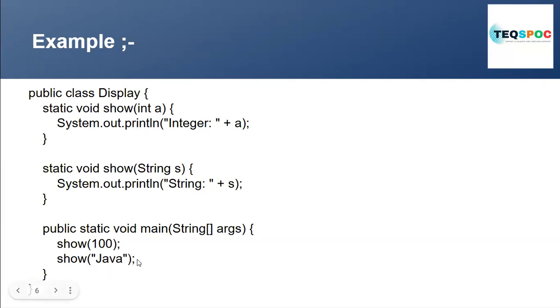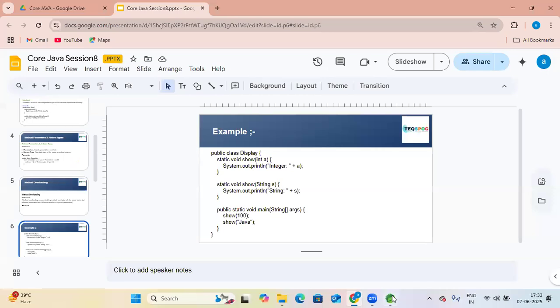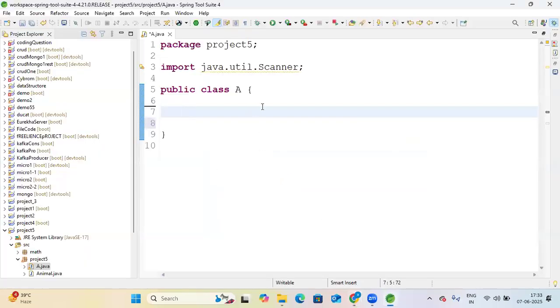Here, in the same way, static int plus is a method, meaning we are adding two things, int x comma int y. These are the two parameters we have passed.